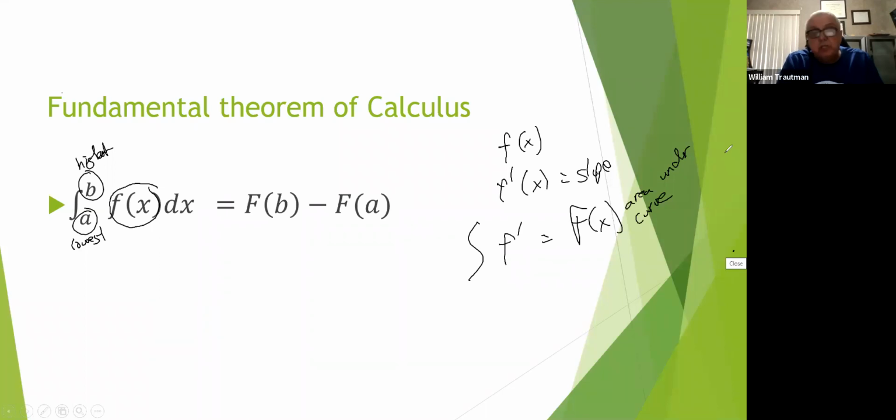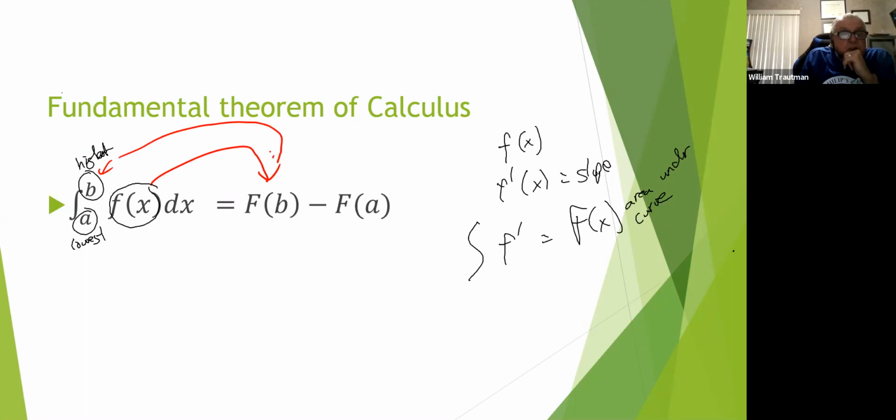But when you integrate a function, do you see it turns into a capital F? And the top number is always the number you plug in first, the highest number, and then the lowest number is the number you plug in second, and you subtract the two. So that's the integration part.